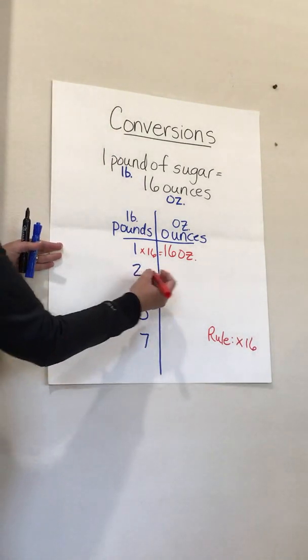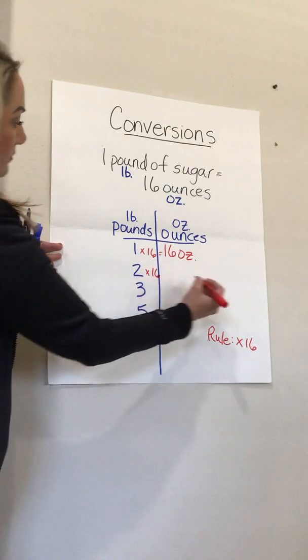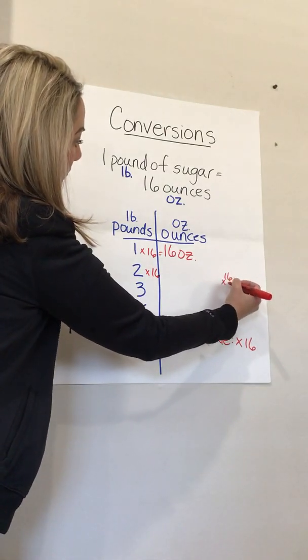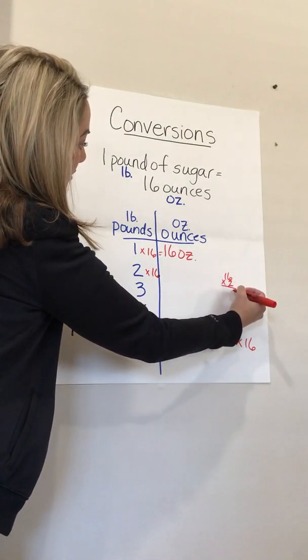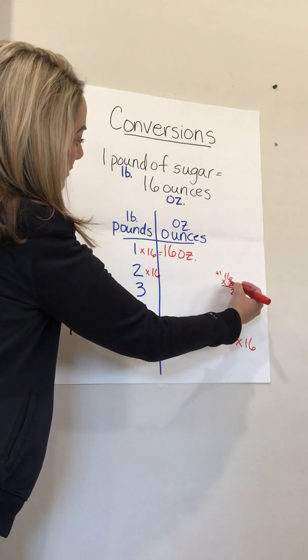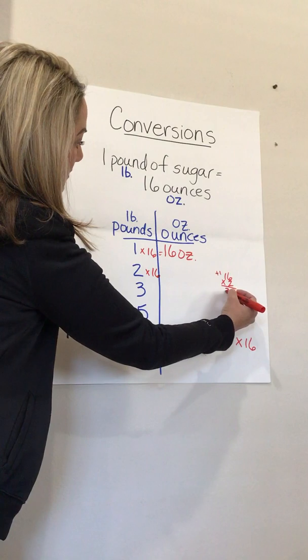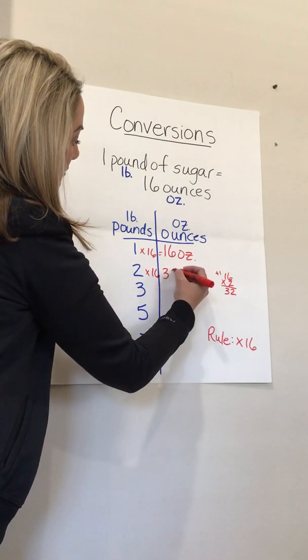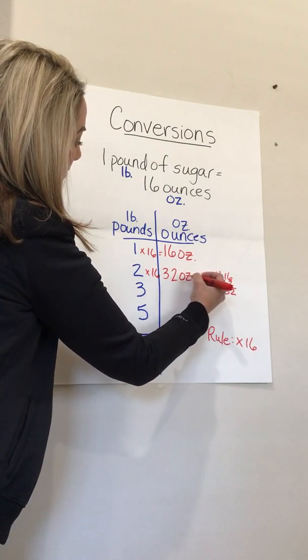So 2 times 16, and we would just do that over here, traditional method. 6 times 2 is 12, plus 1. 2 times 1 plus 1 is 3, so that would be 32 ounces.